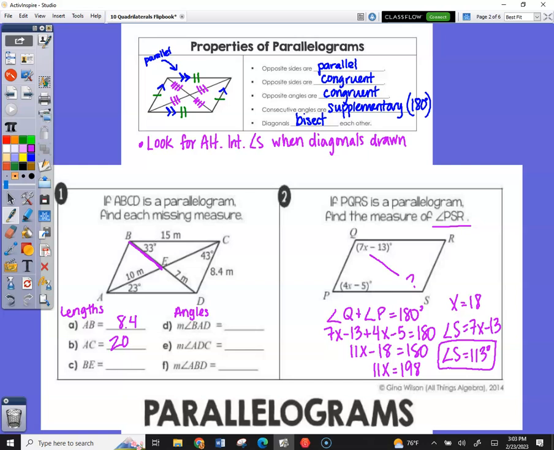BE is a length, and 33 has a degree symbol, so those are apples and oranges, so be careful. BE is a diagonal. Ask yourself, do you know the other part of the diagonal? The other part is 7, so this would be 7. Y'all see that?